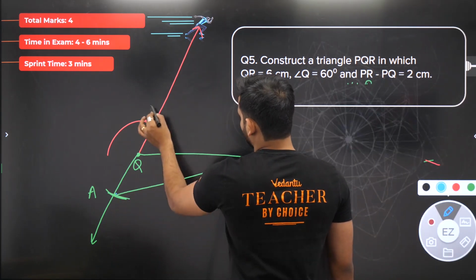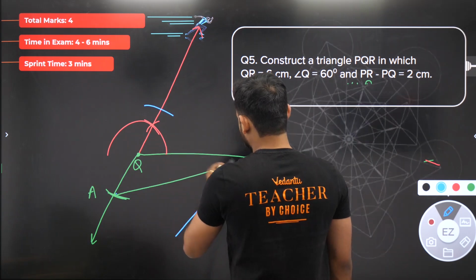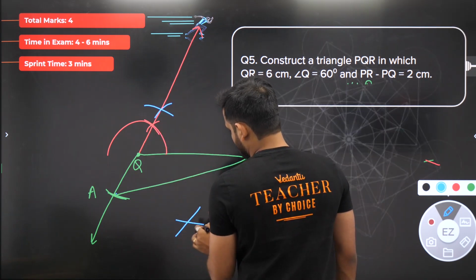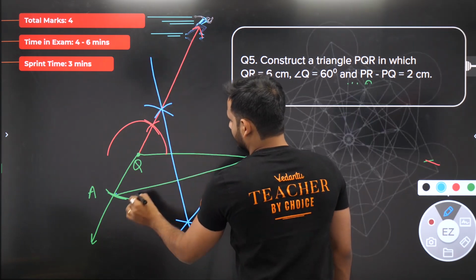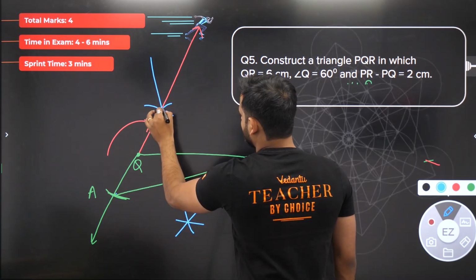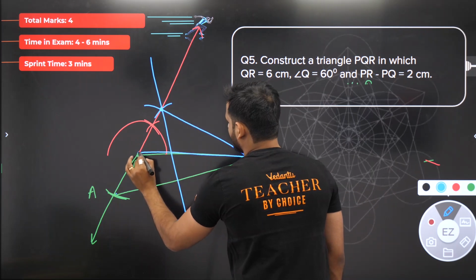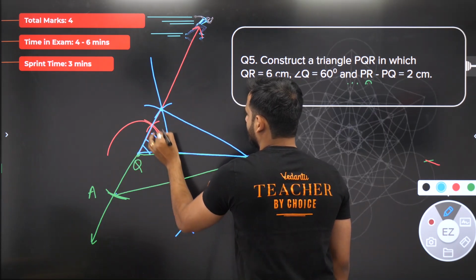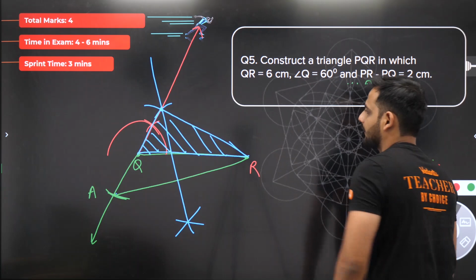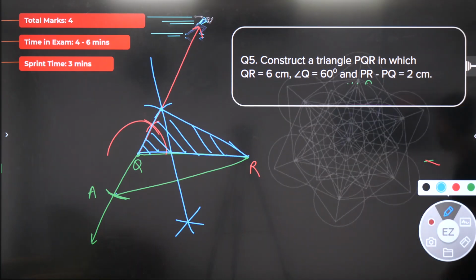So open the compass length more than half. One cut here, one cut here, one cut here, one cut here. Join this line. Now wherever this perpendicular bisector intersects this line, join this point with R. So this will be your required triangle.